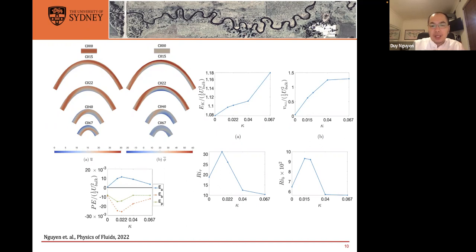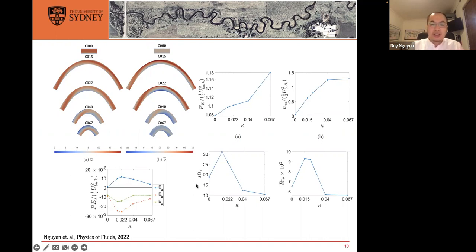We also try to validate this with some analysis. The first thing is we look at the kinetic energies, and we also look at the strength of secondary flows, and both of them actually increase with the increase of curvature here. So this indicates the degree of stratification.